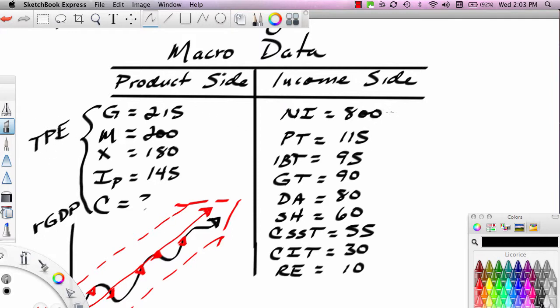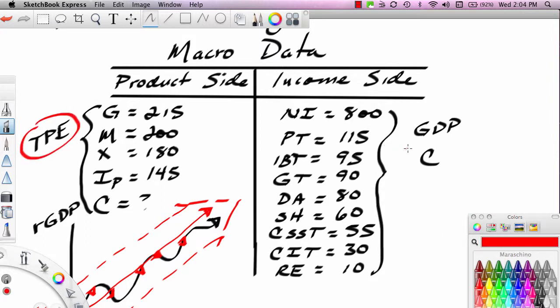Now, this is the income side over here, and with the income side, we'll be able to find GDP, and from this side, we'll also be able to find C. Remember, we can take national income and find GDP, and we can take national income and work down to C. That, in fact, is what we're going to do. Now, remember, we need TPE and we need GDP to know whether the economy is in equilibrium or not.